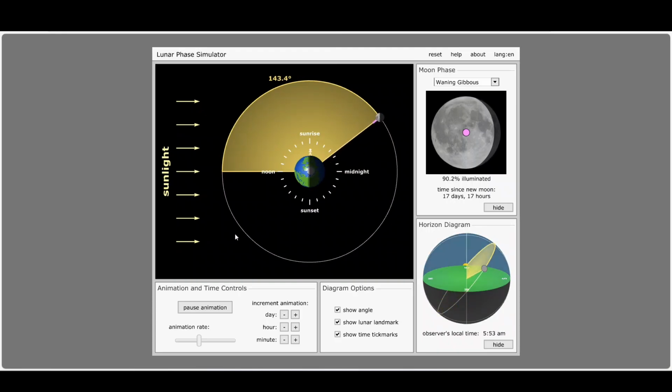This is how the moon phases. We're now at a waning gibbous.